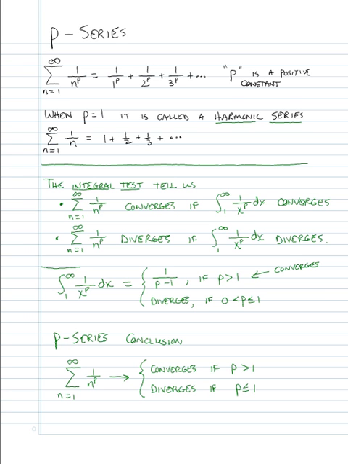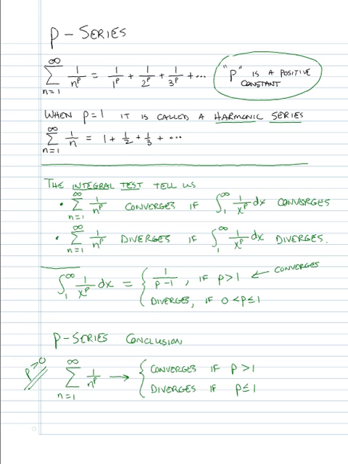And remember, in the very beginning we said that the p value is a positive constant, so we don't need to say greater than 0. But we do need to know that p is, in fact, positive.